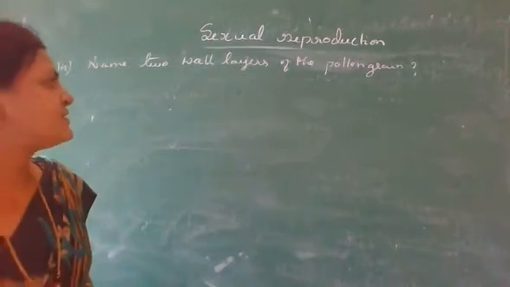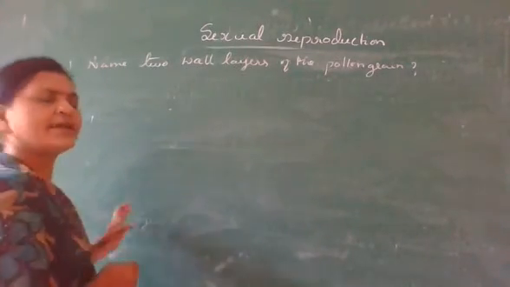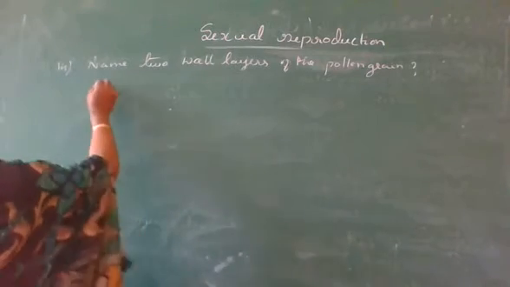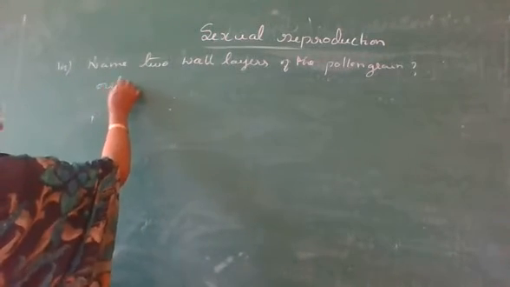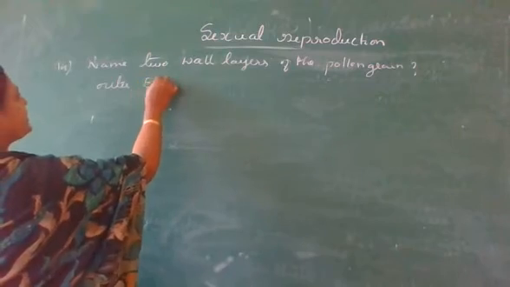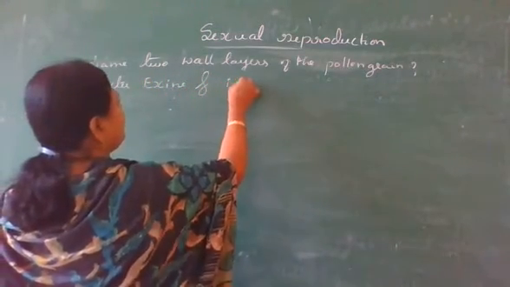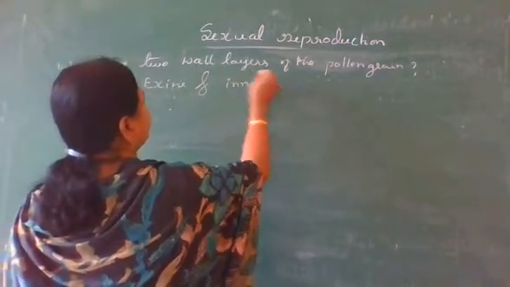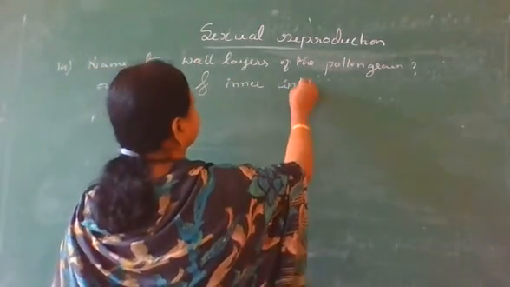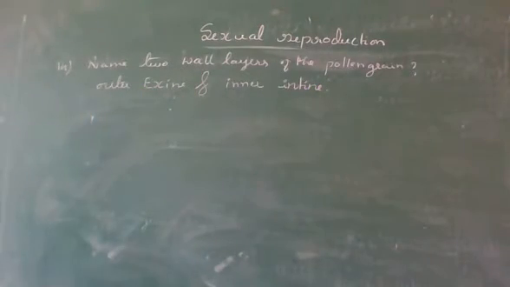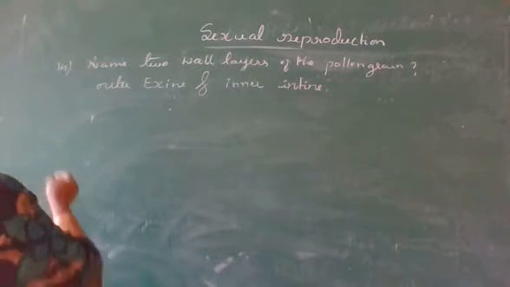The outer one is called exine and the inner one is called intine.